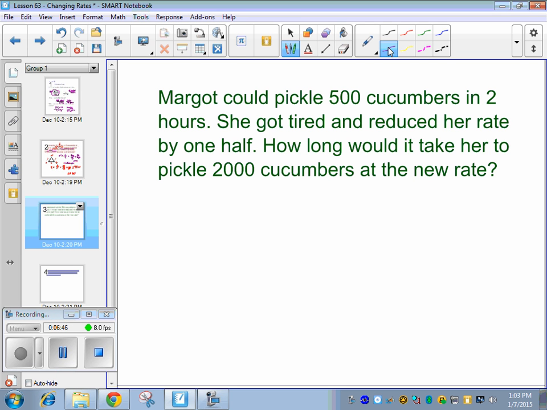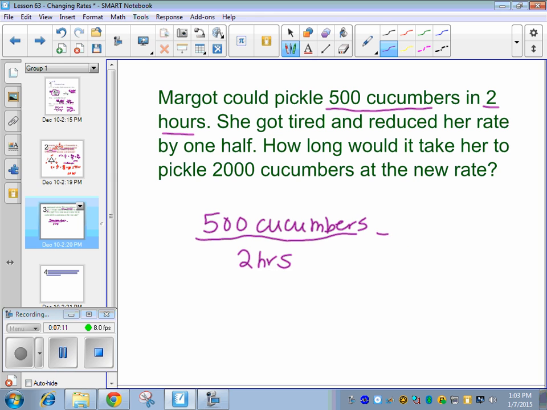So this one's not a distance rate time problem. We're going to use unit rates, all right? So the first thing we want to write down is 500 cucumbers over 2 hours, and we want to always reduce, okay?